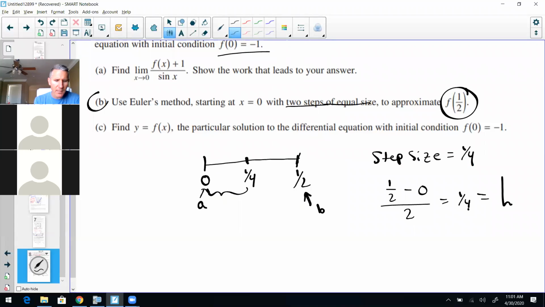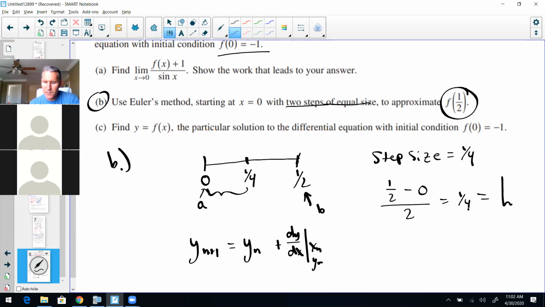The big thing with Euler's method is to know that the next y value is equal to the previous y value plus dy dx evaluated at x sub n, y sub n, meaning the previous values, times h. We know that y sub 0, my initial y value, is equal to -1.